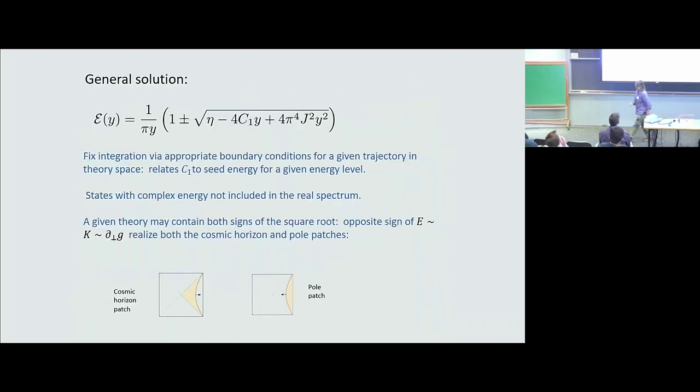The general solution of this is here. There's a branch of the square root involved, and there's an integration constant, which we match to each of these segments of the trajectory, to the endpoints of those. When we match, say, to the seed CFT spectrum, there's a negative energy that appears in there.